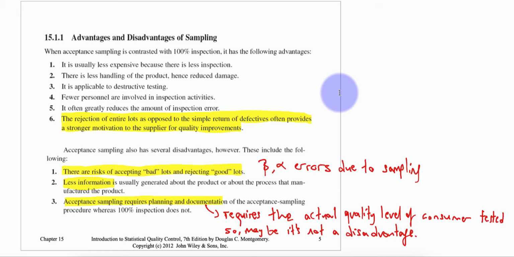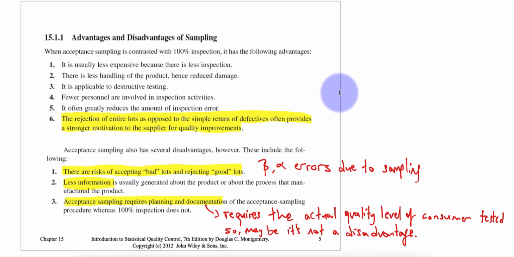For example, you are taking a sample from the lot and inspecting the items in this sample and you are rejecting the lot, for example. Okay, so you have counted the number of defectives in the sample and it is too much, then you reject it. But maybe the rest of the lot does not have any defective product in it. When you do that, actually you are rejecting a good lot, maybe. And there is some probability you can make this mistake.